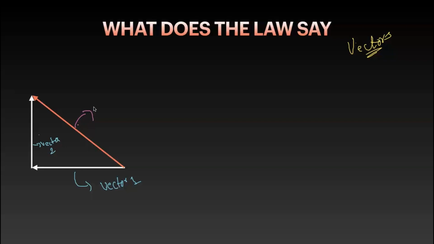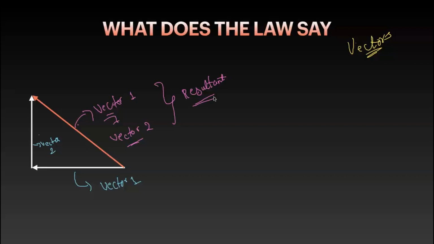This red color is nothing but vector 1 plus vector 2. Okay. What is that red color line called? Or else you can also call it resultant. Okay. Vector 1 plus vector 2.